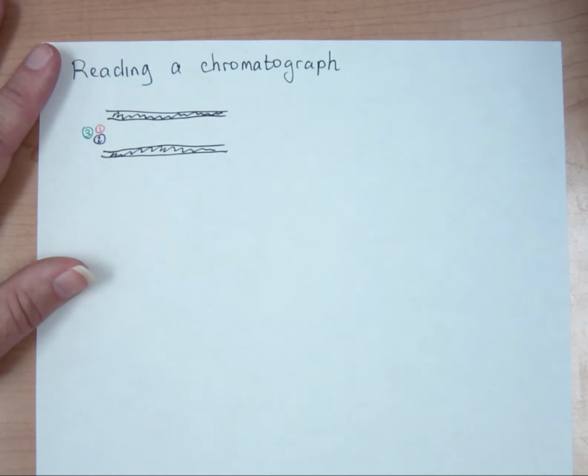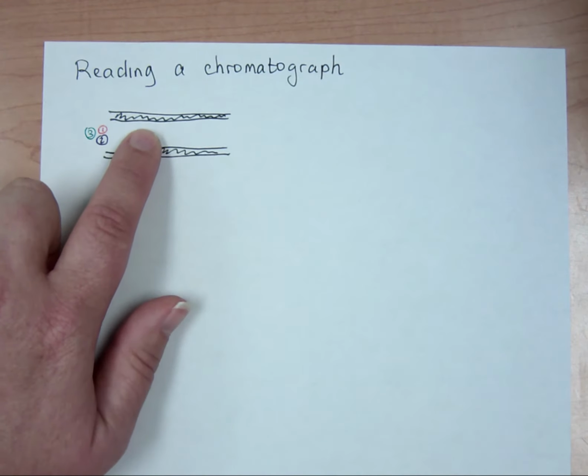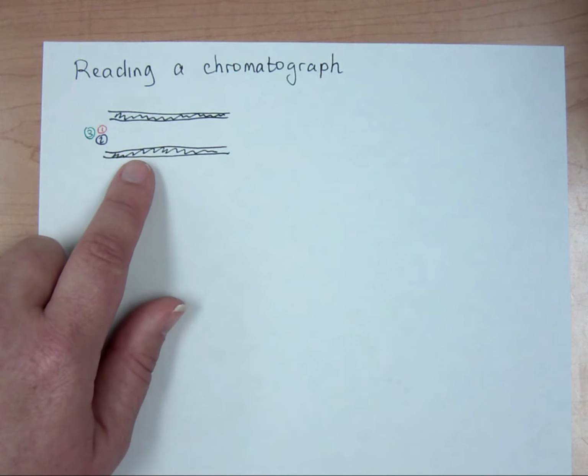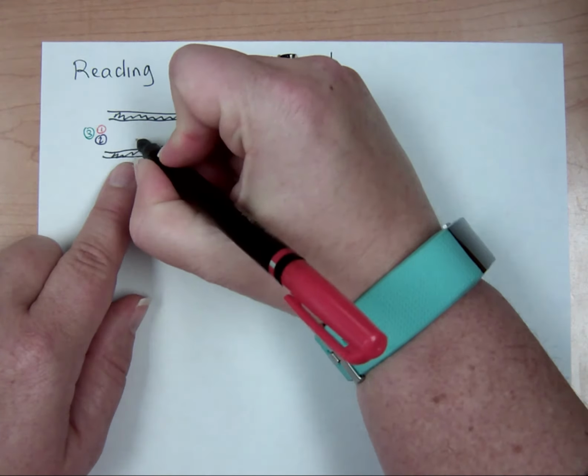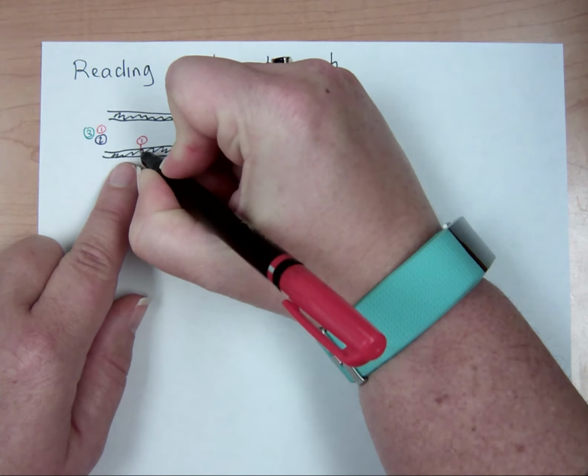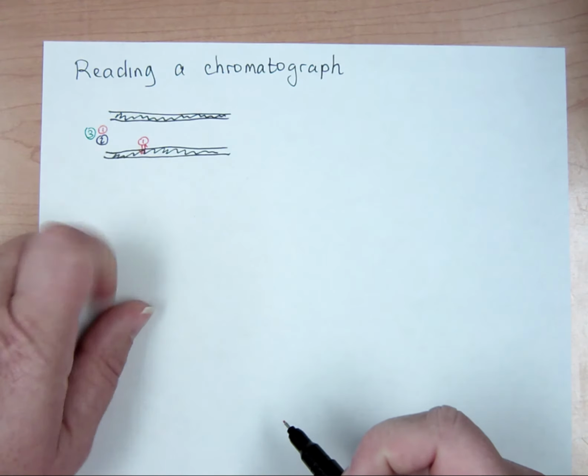Now, as they all go through the column, they're going to have different levels of interaction with the stationary phase, because each one has a different K that will represent that equilibrium between being in the stationary phase and being in the mobile phase.